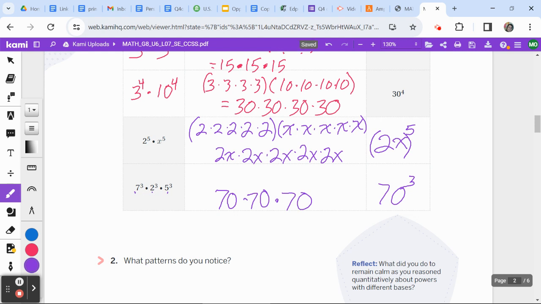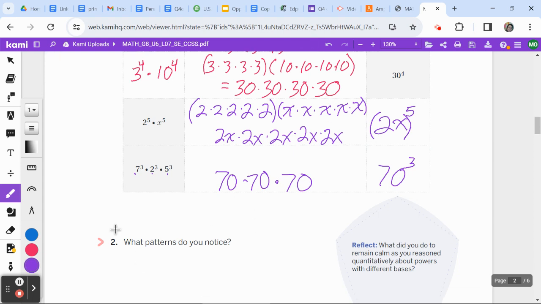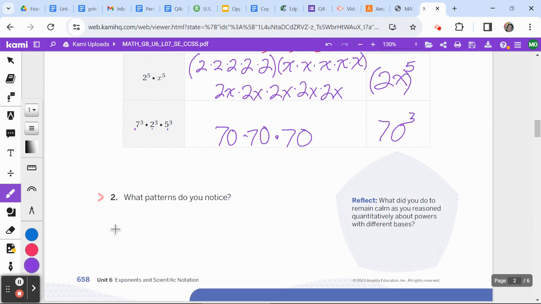What patterns do we notice? Okay, they want you to be able to tell them what's the rule. Multiply bases. Keep same exponent.